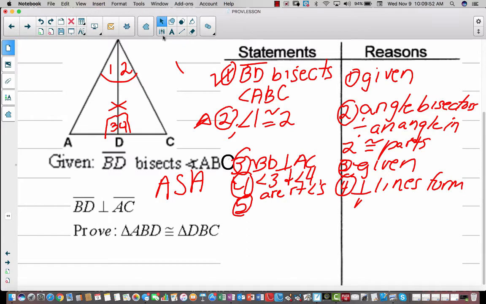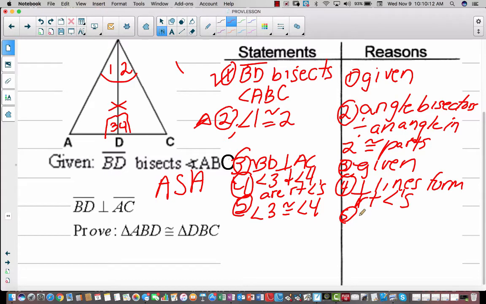This pen is not cooperating with me. Excuse me. And we know that all right angles are congruent. So my next statement is to say that angle 3 is congruent to angle 4. My reason is all right angles are congruent.